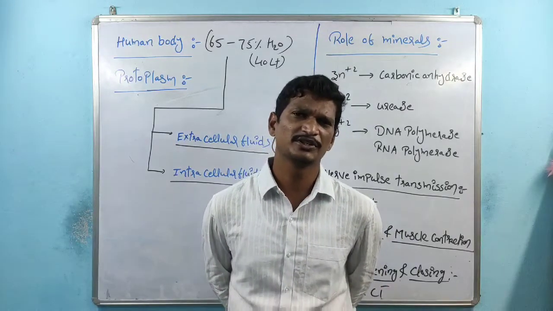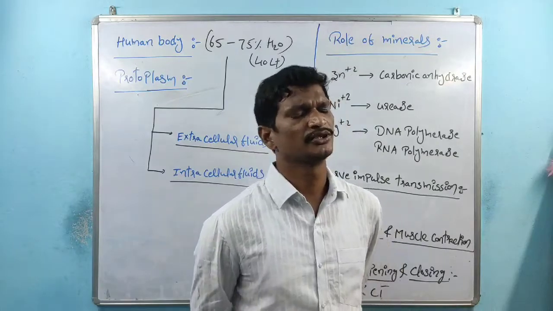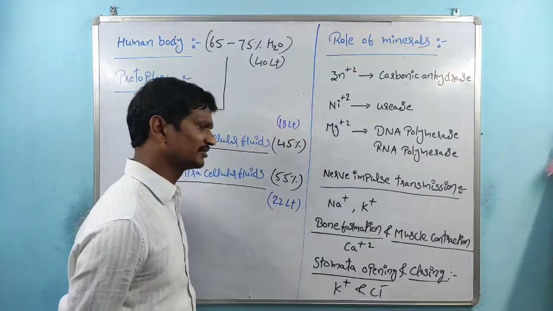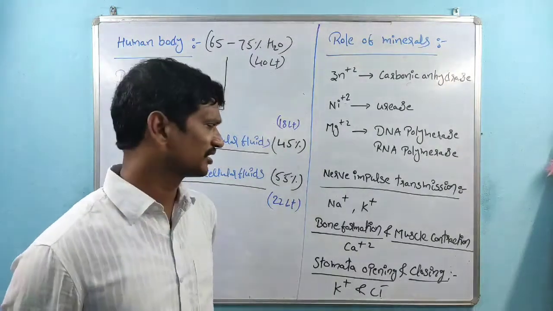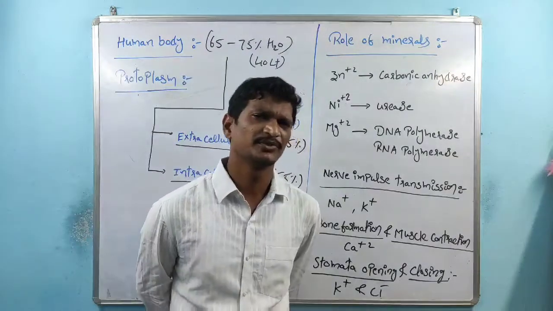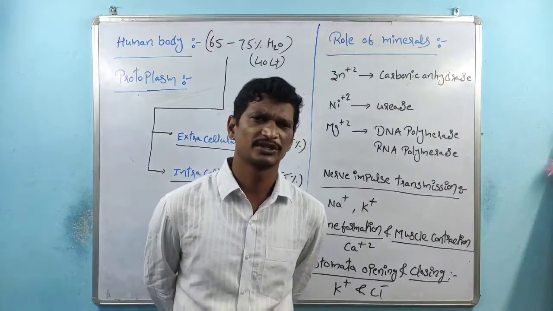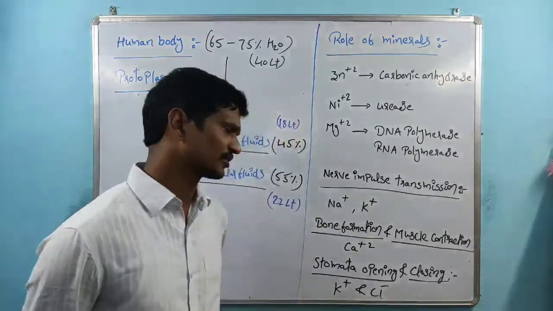If the sliding takes place, muscle contraction takes place. So muscle contraction is supported by calcium, and bone formation is supported by calcium. Bone formation is not only by calcium; phosphorus is also required, sulfur is also required, in certain proportions.